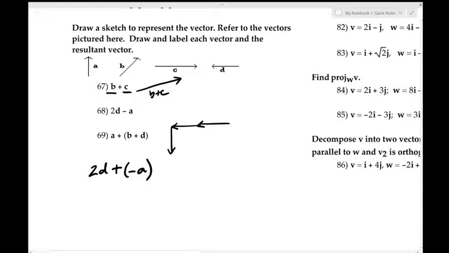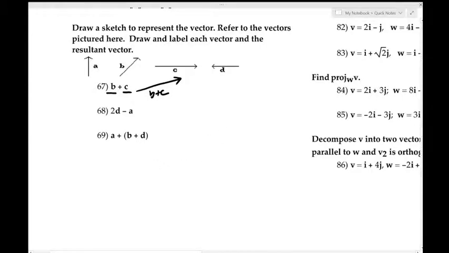Okay, so this is 2d and this is negative a, and here is the resultant. Okay, so this would be 2d minus a, or just an addition of the two. It was something like that. So those are a little tricky to perform.